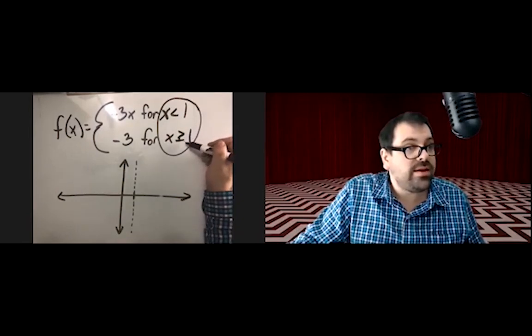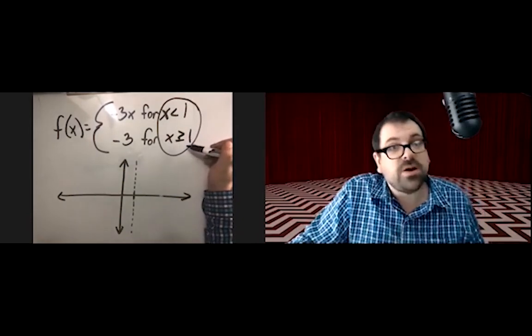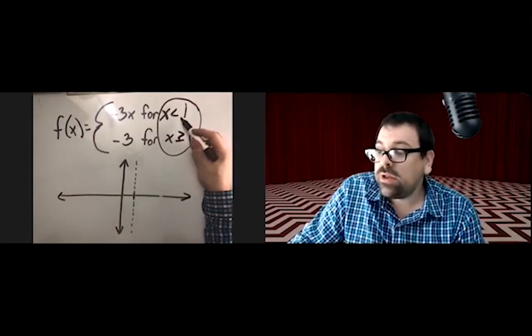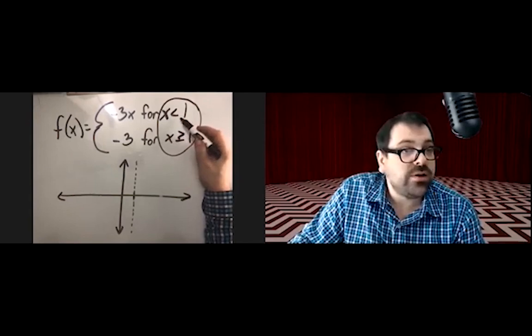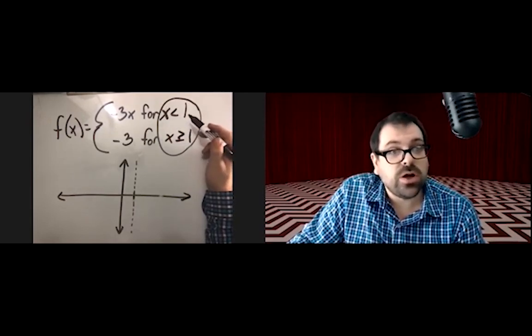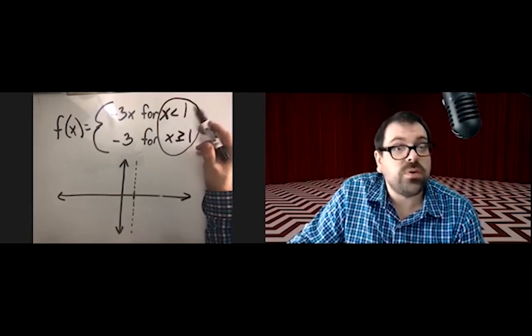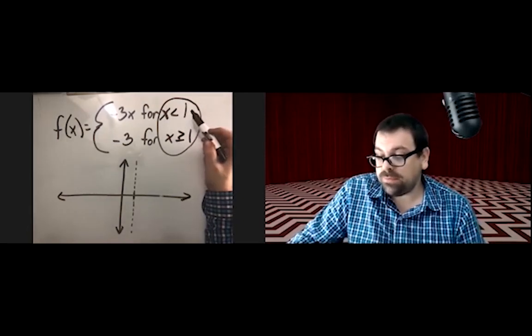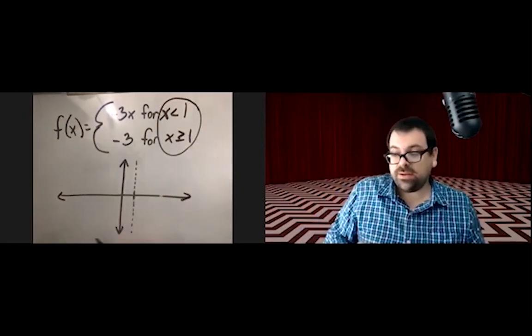The one that has the or equal to, that's going to be our filled in circle. It's going to include that point. The one that's just less than or greater than, that's going to be our open circle. To figure out where we're going to put our open circle, our filled in point, we're going to plug the x value in.